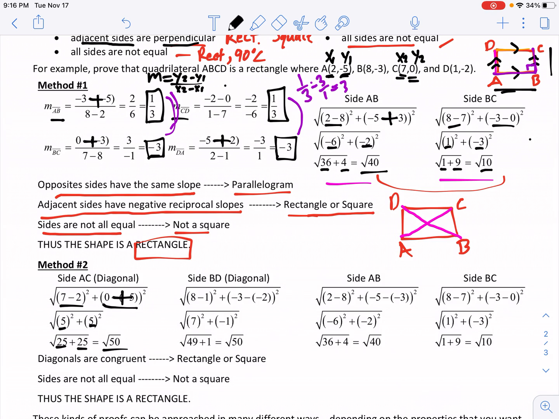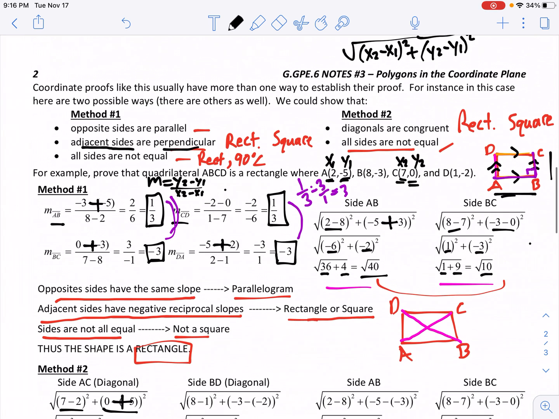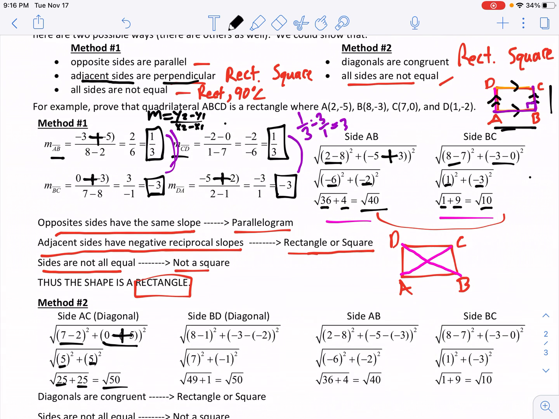Now, if BD is the same measure, then it has to be a rectangle or a square. So that's what we're doing next, we're going to look at BD. It really is a matter of how we subtract, because we're going to end up with the same answer.